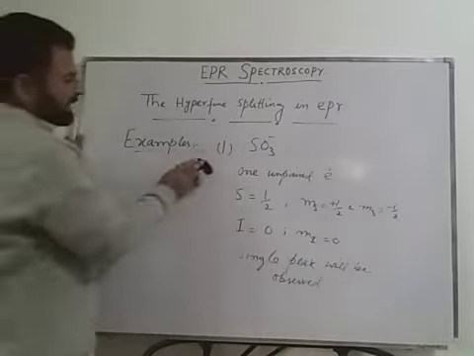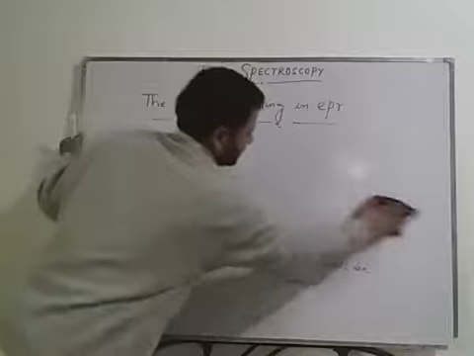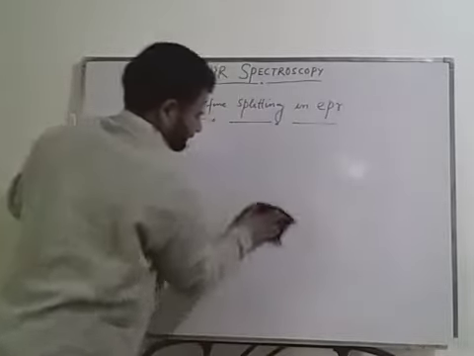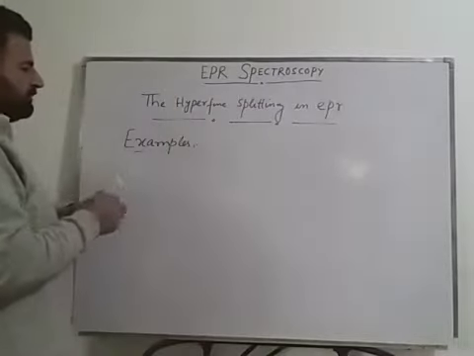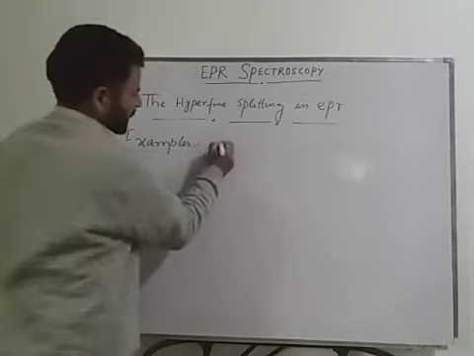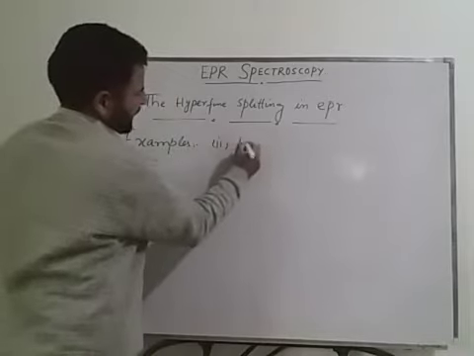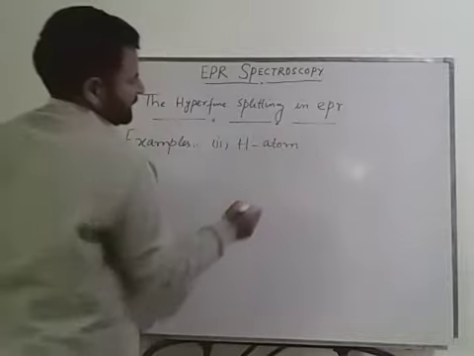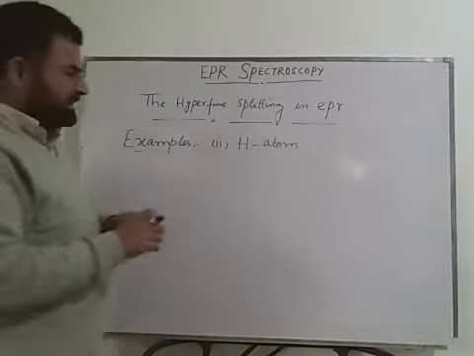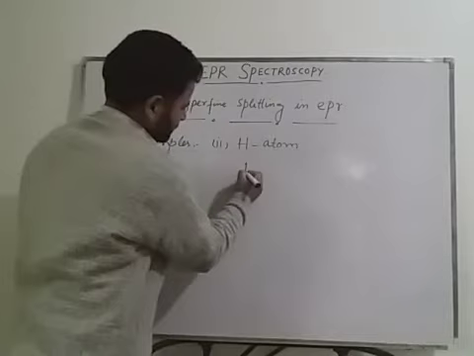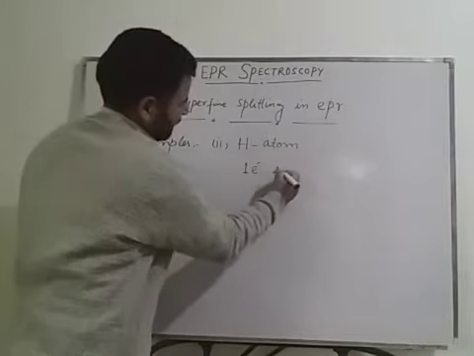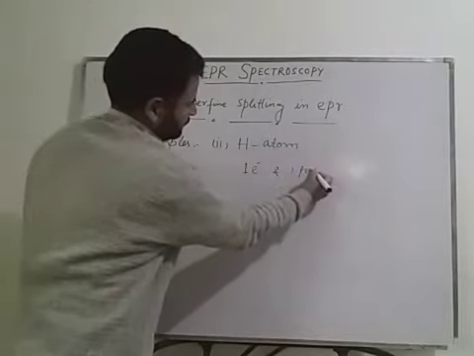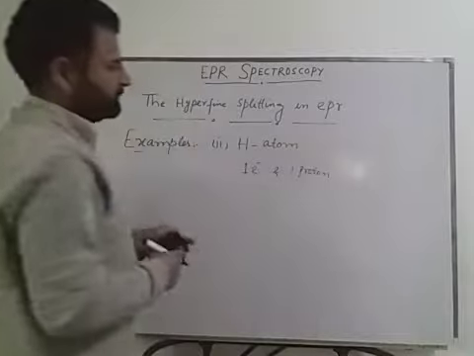However, now we will take another example, as I already told you, the hydrogen atom. In the hydrogen atom you can see there is one electron and one proton in the nucleus.